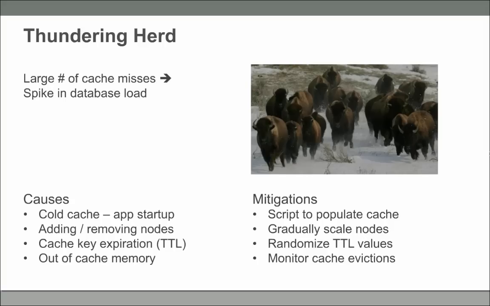For example, if you know which keys will be the most popular ones, who your most popular people in your app are, or the biggest scores or the most popular items to purchase in an e-commerce app, then you can pre-populate them in your cache before you turn on your application. Another is, when you're scaling nodes, do it gradually and don't just double your cluster size in one jump.